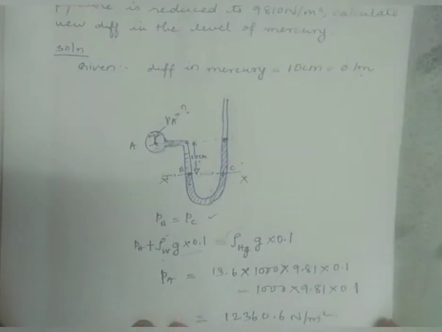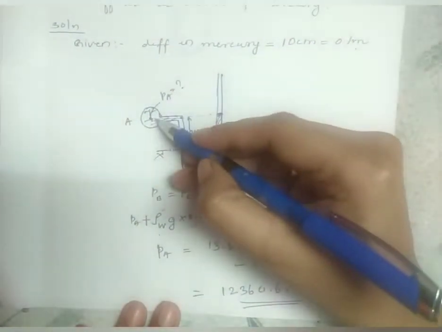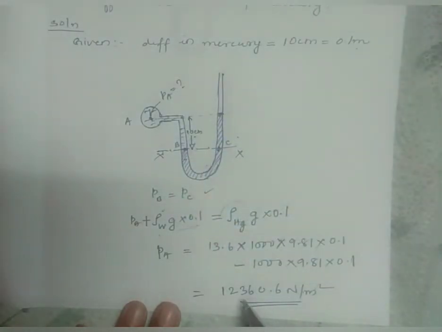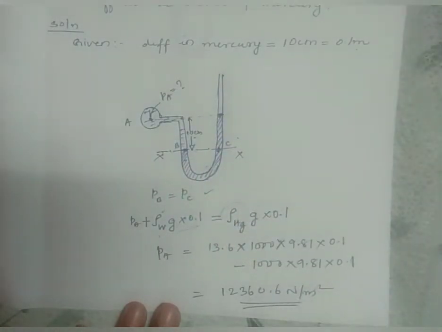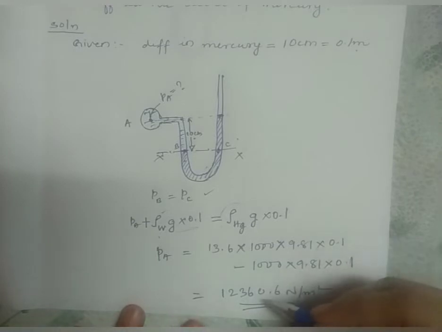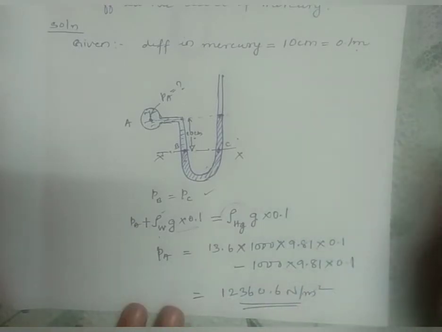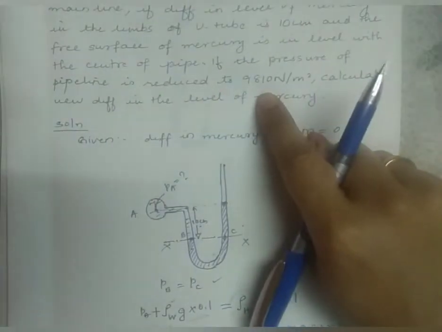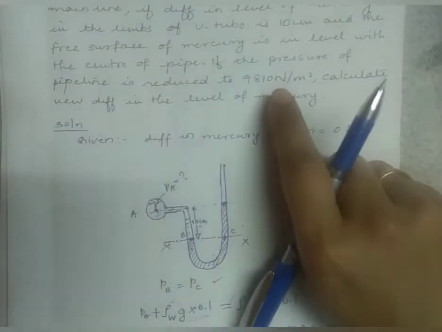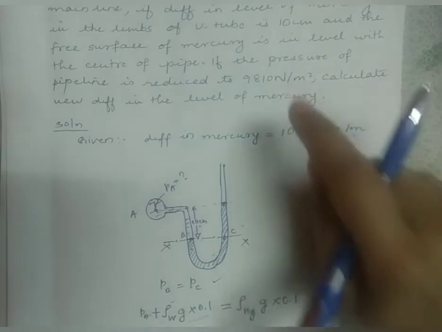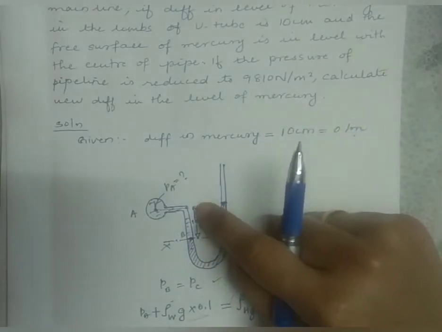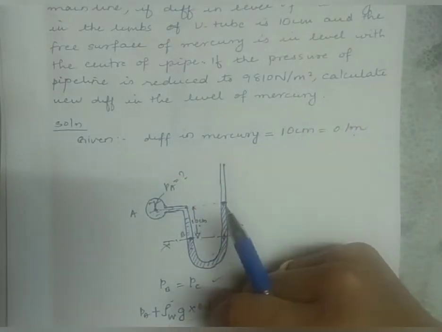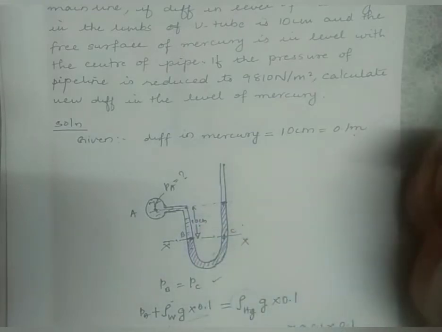So in the first part we got the value of pressure at point A as 12360.6. Now in the second part this pressure is getting reduced to 9810 Newton per meter square. So here you have to find out the new difference in level of mercury.